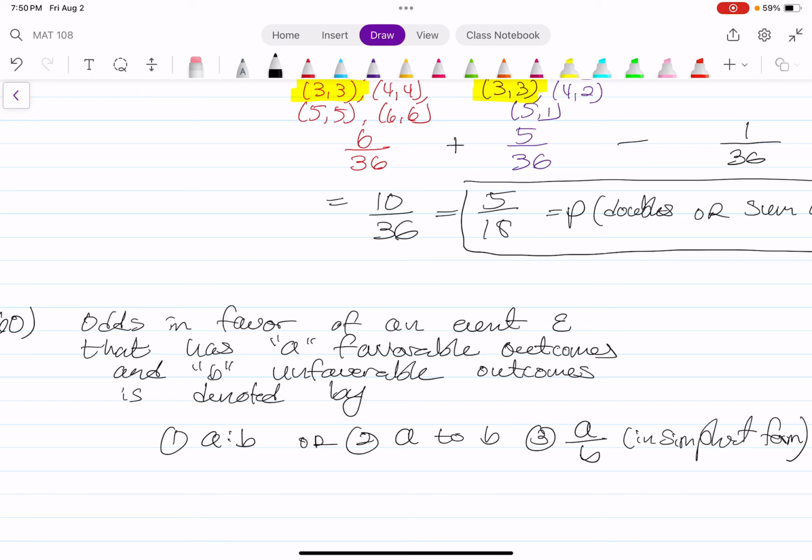So basically, to find the odds in favor, you must find out how many outcomes are in favor of the sum of 9, and then find how many outcomes are not in favor of the sum of 9. Then we can construct the ratio.